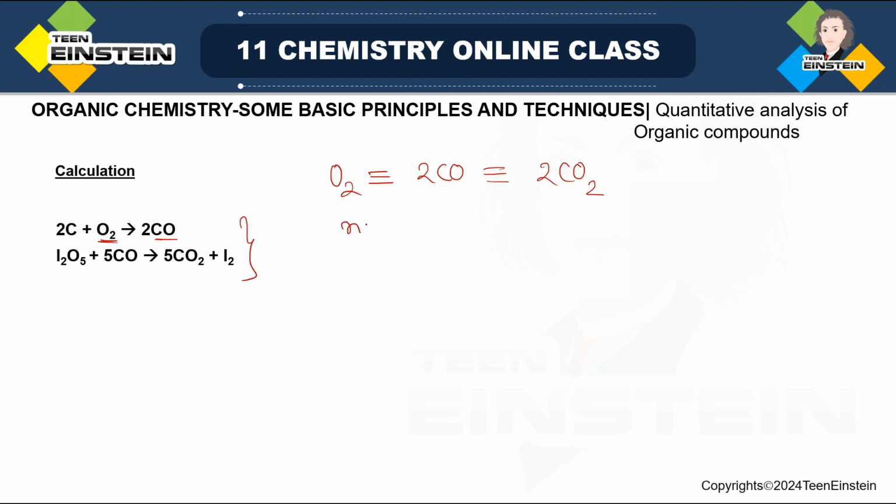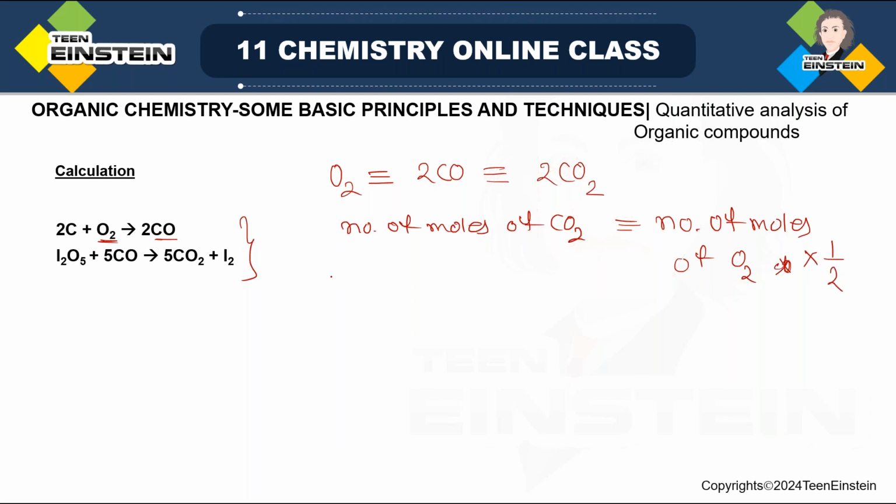Okay. So the number of moles of CO2 is equivalent to the number of moles of oxygen multiplied by 2, or equivalently moles of O2 equals moles of CO2 multiplied by half. Now the molar mass of CO2 is 44, and suppose the mass of CO2 we have obtained is m1 gram.